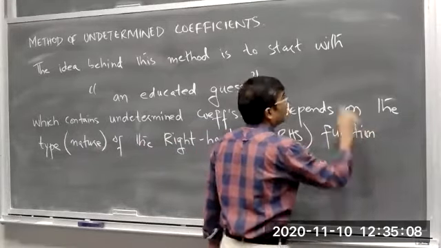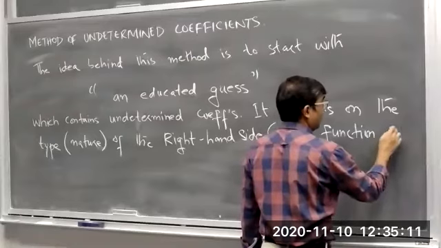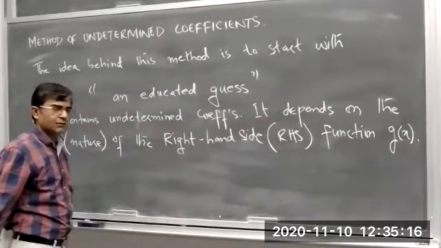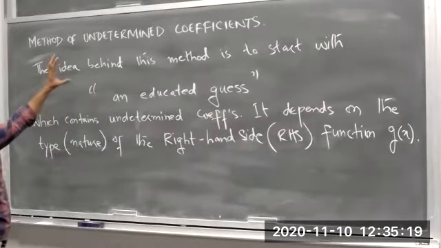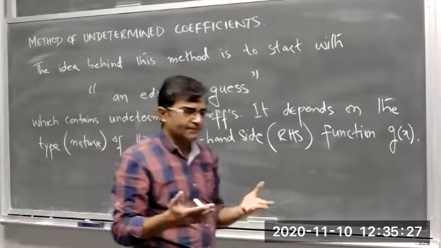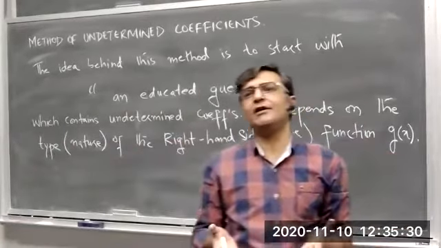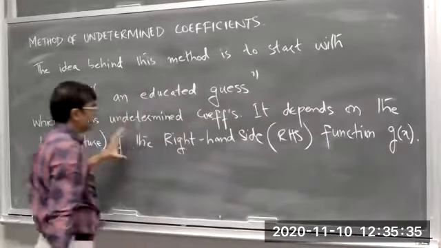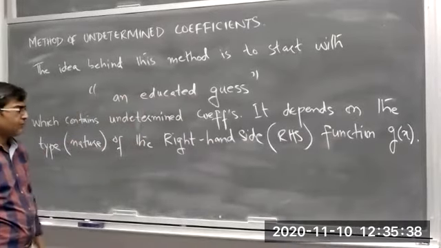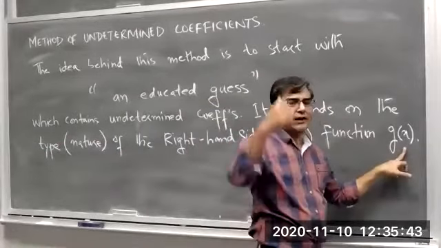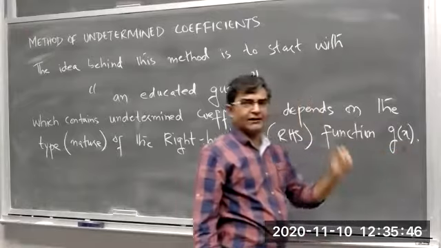Right-hand side function in that ODE, which is g of x. So what is the basic idea in this method? We start with an educated guess, which contains undetermined coefficients, and the type of that educated guess depends on the nature of the right-hand side function of that ODE, which we call g of x.